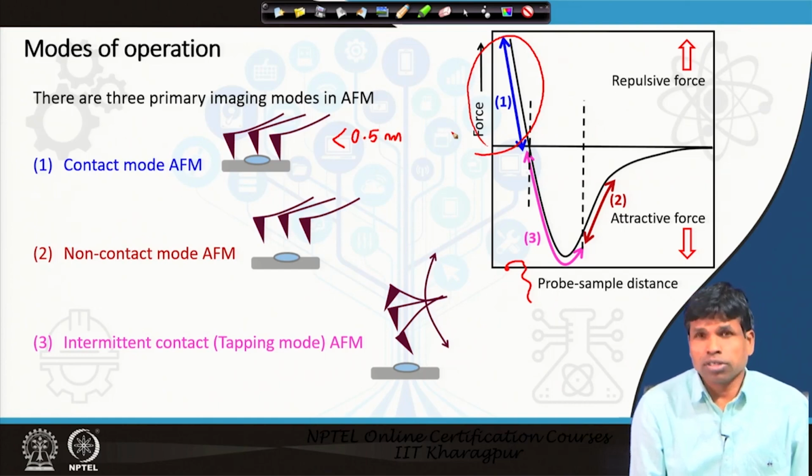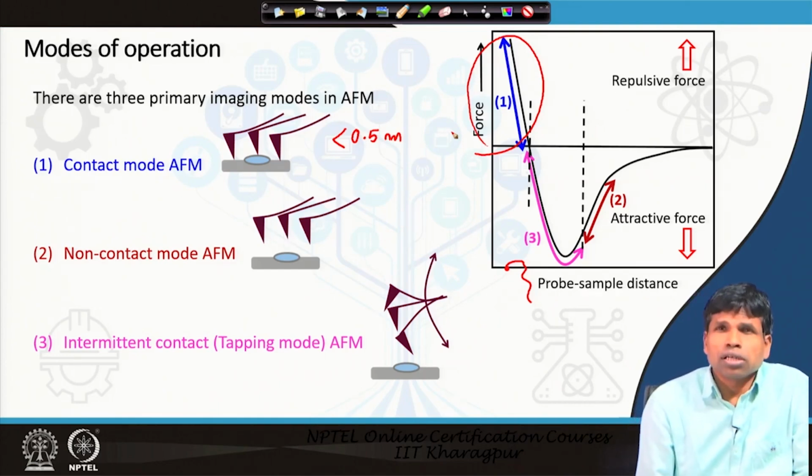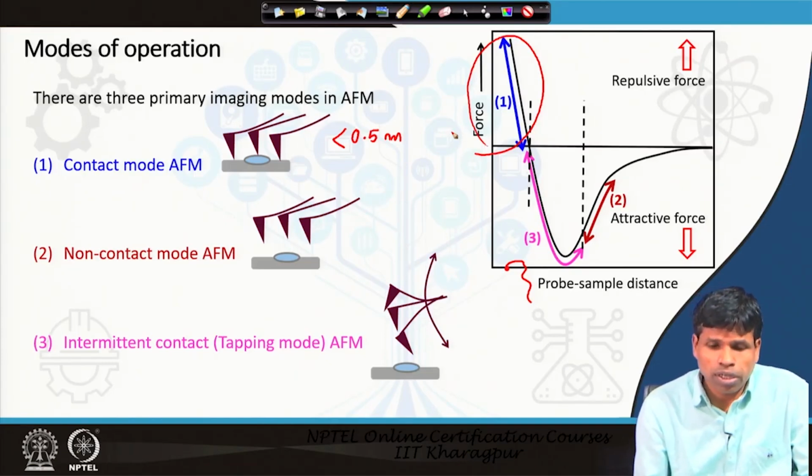However, there are also demerits. The contact mode operation puts a force of approximately 1 nanonewton to 10 nanonewton, or maybe even up to 100 nanonewton, and that much force can create plastic deformation on the sample surface.